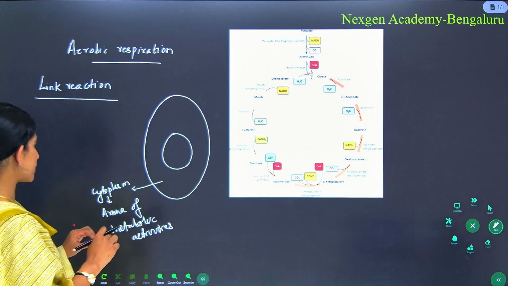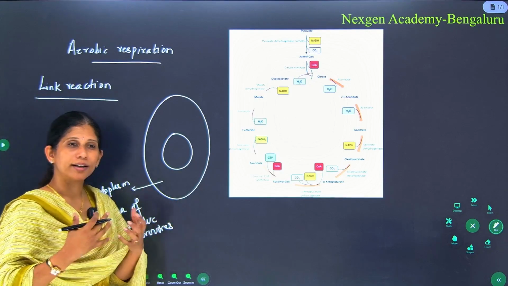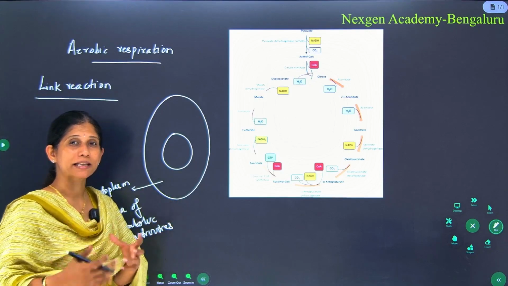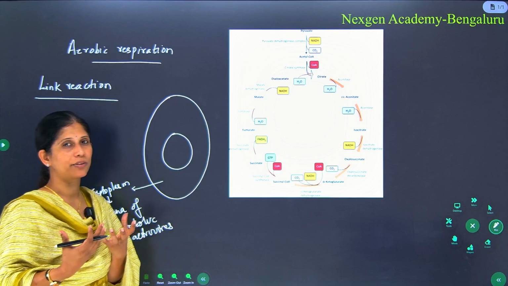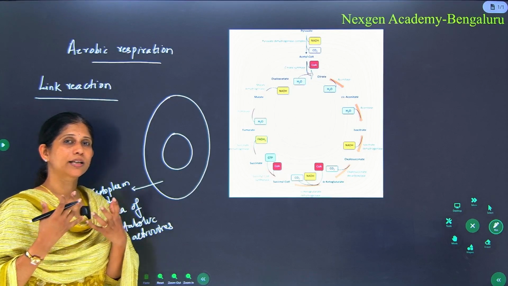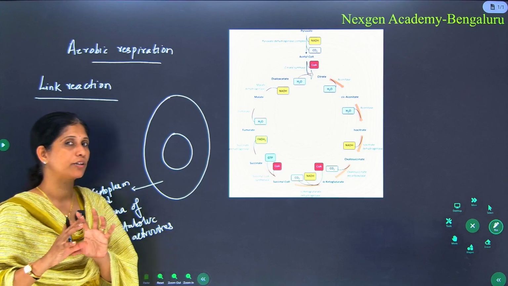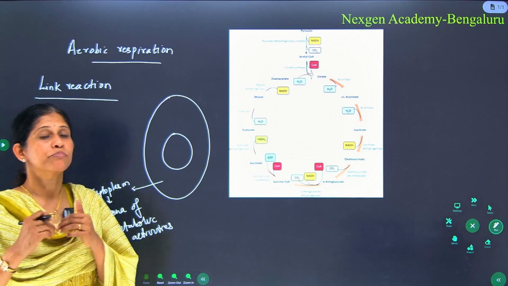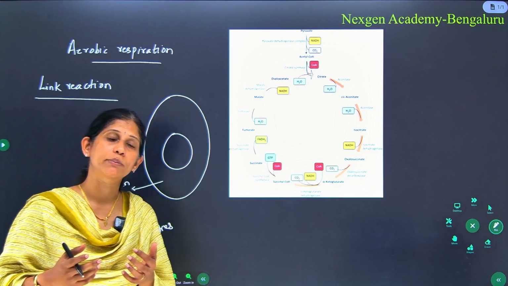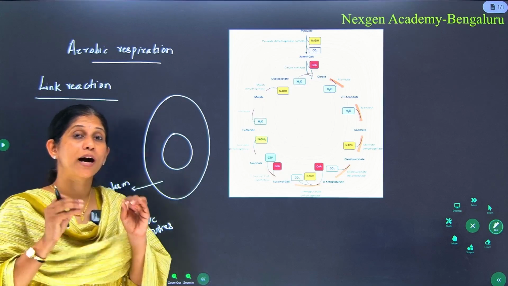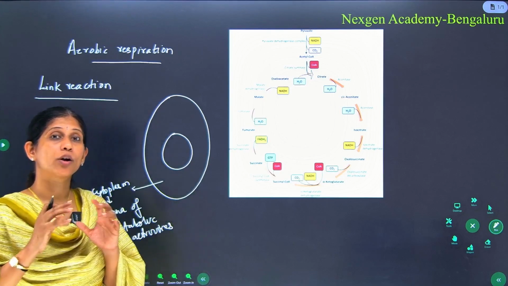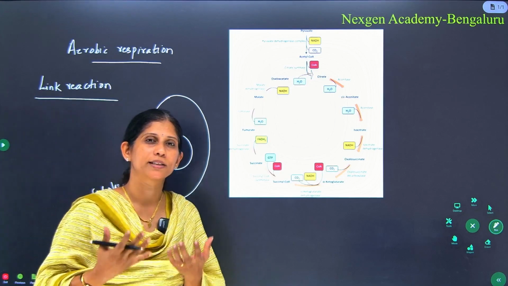When I say activities, we are particularly referring to metabolic reactions, because most of the activity in the cell is in the form of metabolic reactions. Which part of the cell is the place where a lot of metabolic reactions take place?